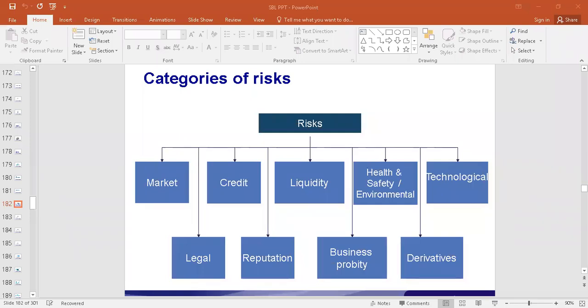See, there are different types of cost in case of environmental aspects.